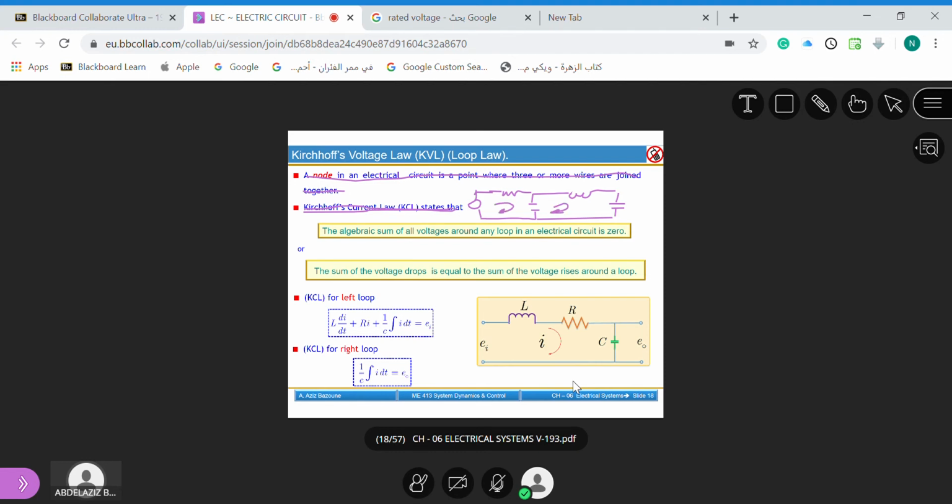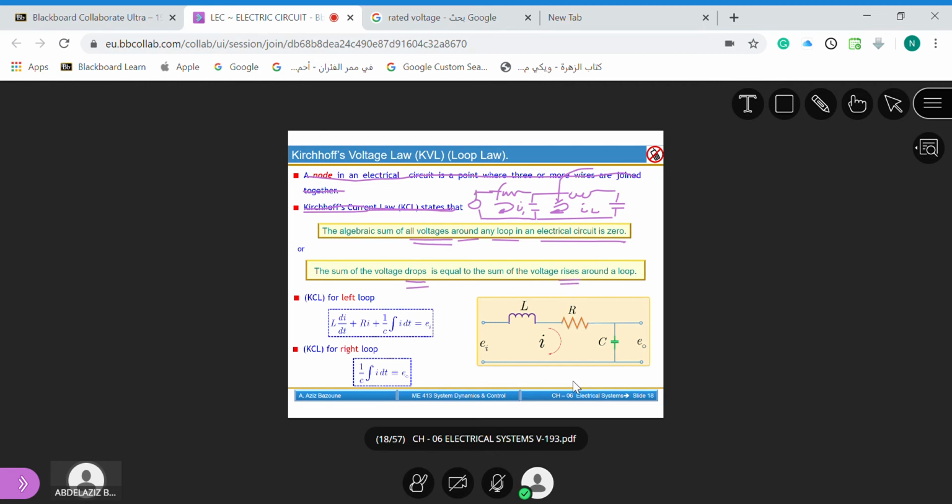So within the loop, for example, here current I1 is passing through, here current I2 passing through. So the voltage inside this loop is 0. The total voltage within this one is 0. So the algebraic sum of all voltages around any loop in an electrical circuit is 0. So the sum of voltage drops is equal to the sum of the voltage rises around the loop.